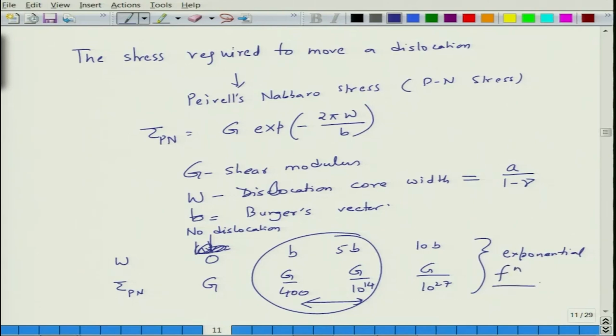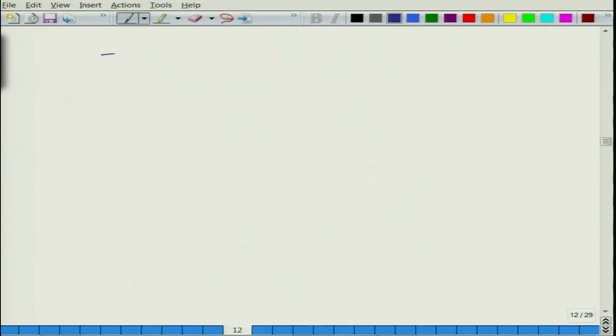You can also see from this that tau Pn will increase as W decreases, which means metals will have lower Peierls-Nabarro stress.